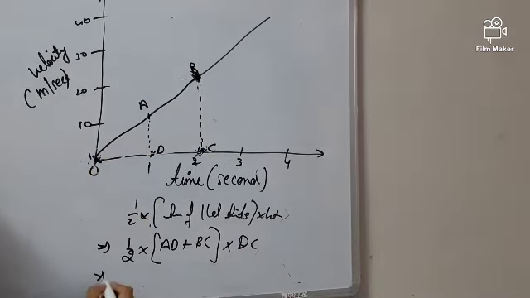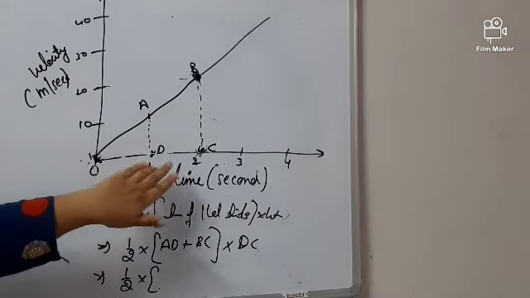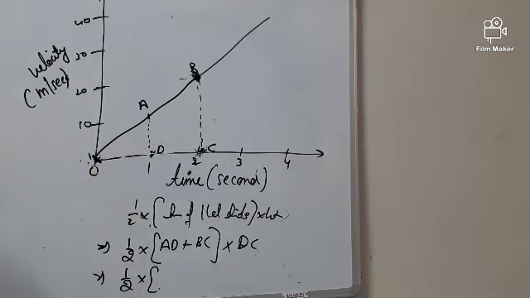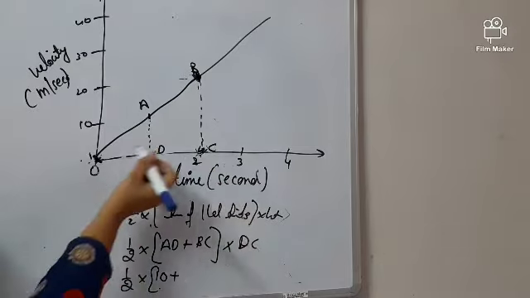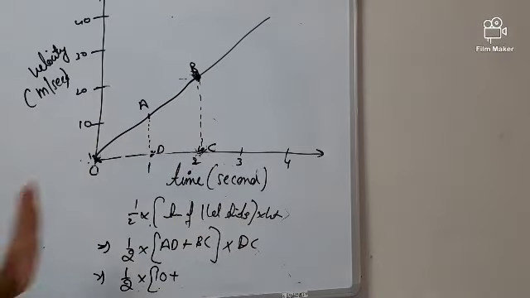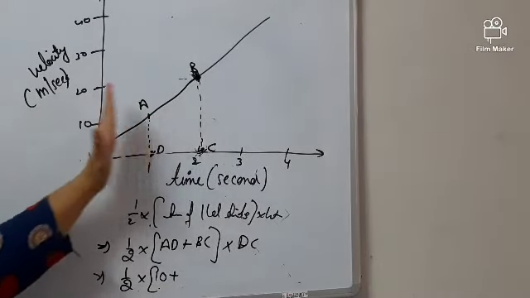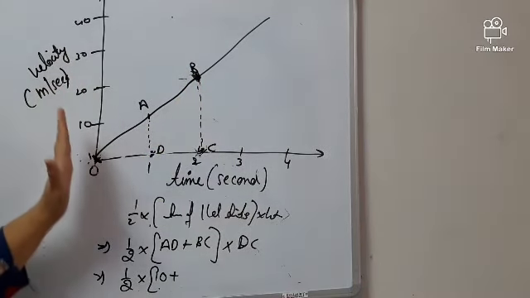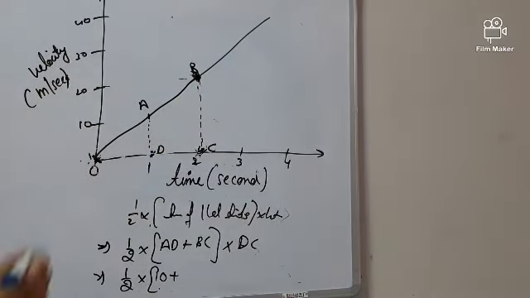Now put the values. Half into, what is AD? AD starts from 0 and ends at 10, so 10 minus 0 is 10, plus BC. BC starts from 0 and ends at 20. AD is along the y-axis, so we have taken these values. BC is also along the y-axis, so we take these values. So BC is 20 minus 0, that is 20.